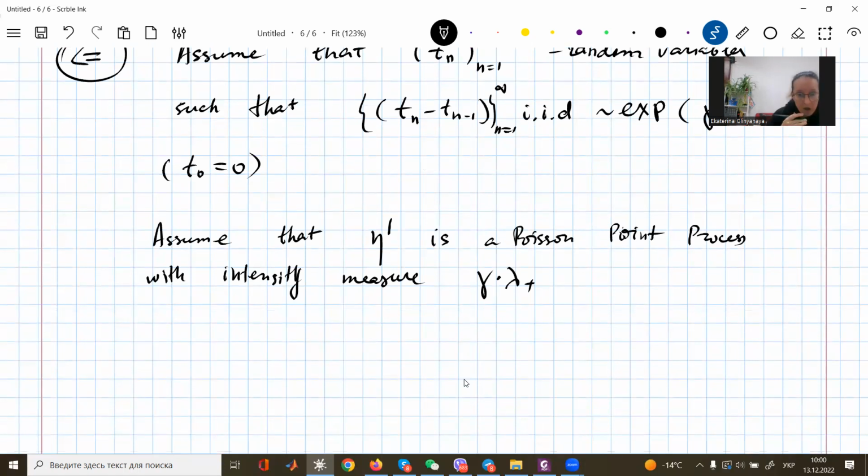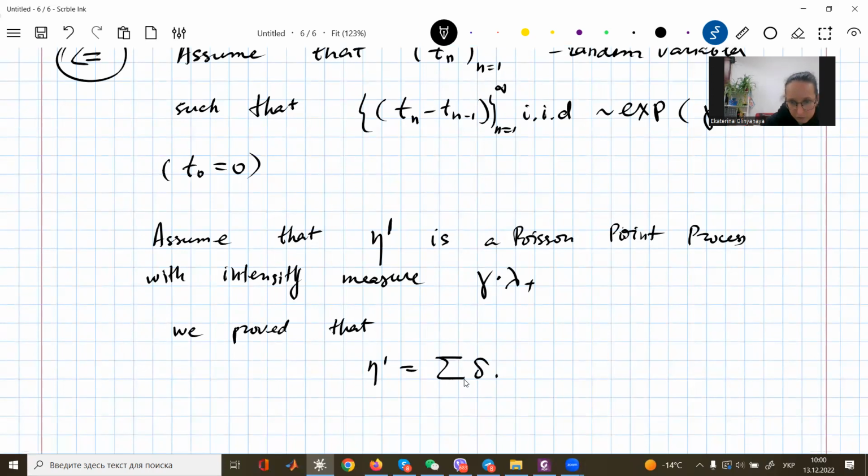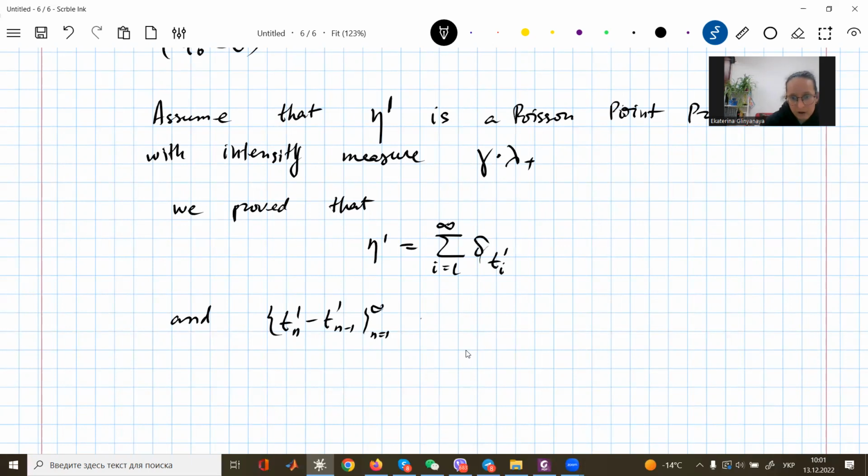And for this eta prime, we proved that at first it can be represented as some Ti prime, i from 1 to infinity, and these random variables Tn prime minus Tn minus 1 prime have the property: independent, identically distributed, exponential with parameter gamma.